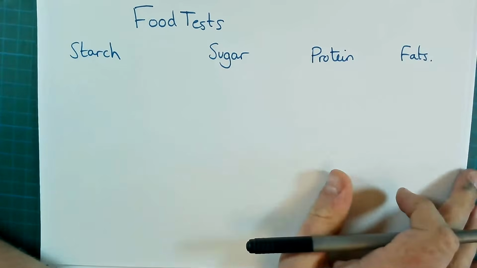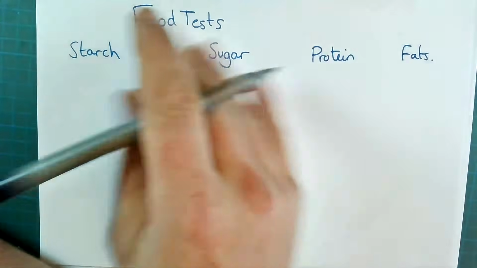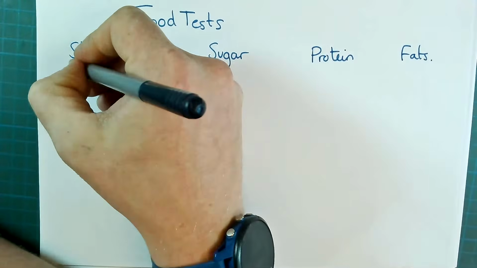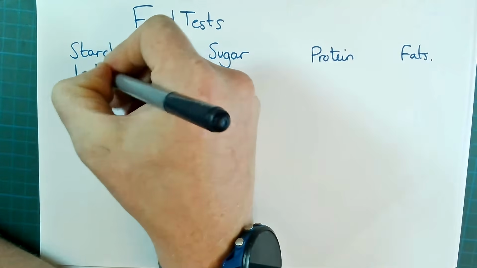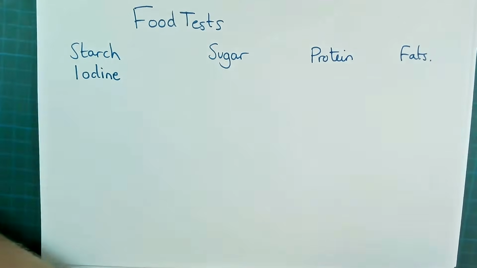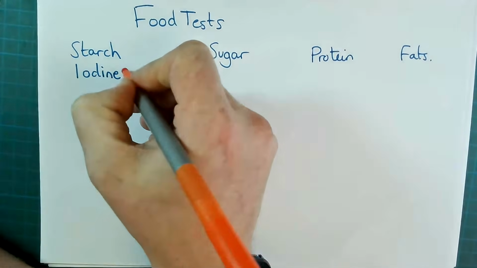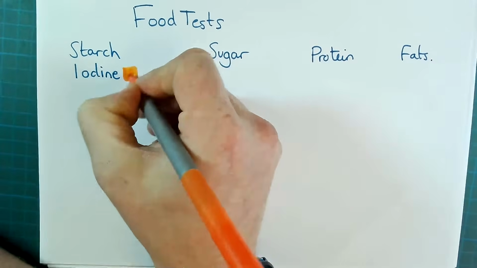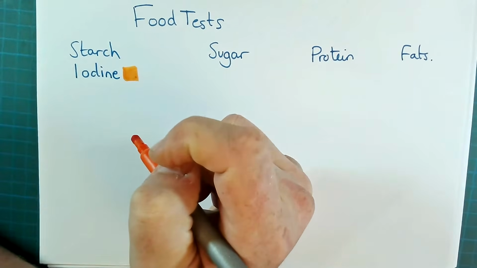Right. Now, starch is the classic. Starch, we use iodine. Now, iodine is orange.